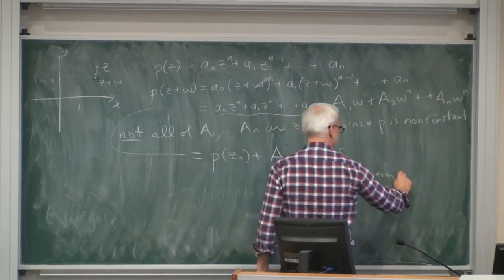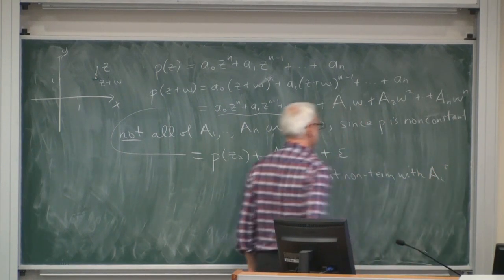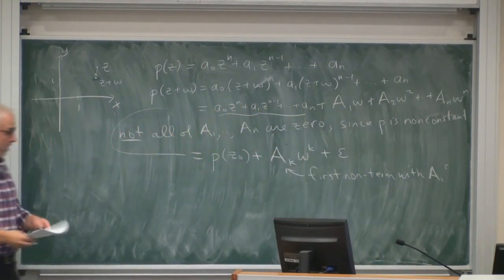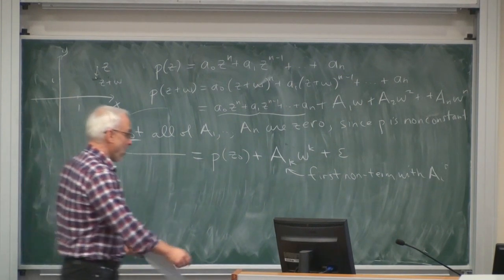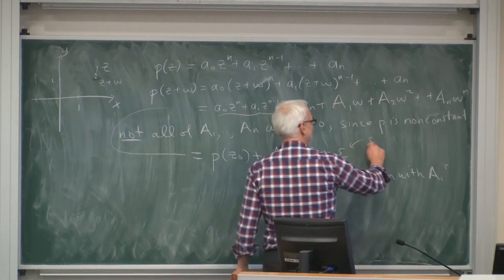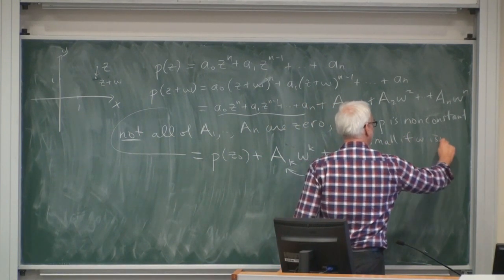term involving the a_i's. And what is the epsilon? Well, the point is the epsilon is just all the rest of the stuff, and that's small if w is small.